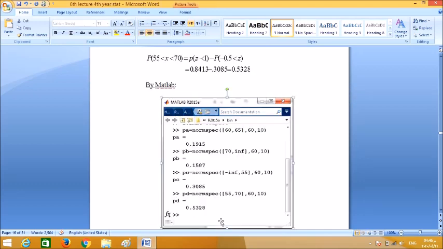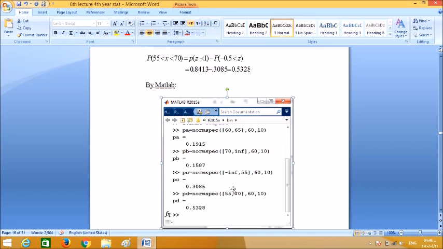by MATLAB, just write the limits of every probability like this. This is the first one. The second one, greater than 70, means from 70 to infinity. Less than 55 means from minus infinity to 55.